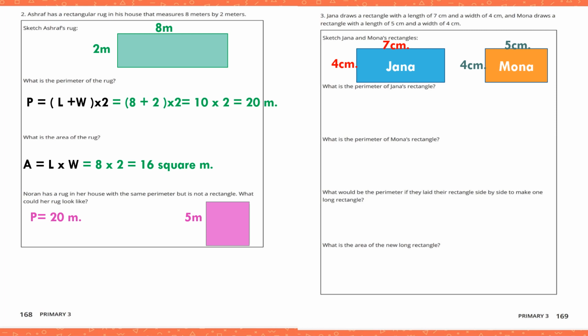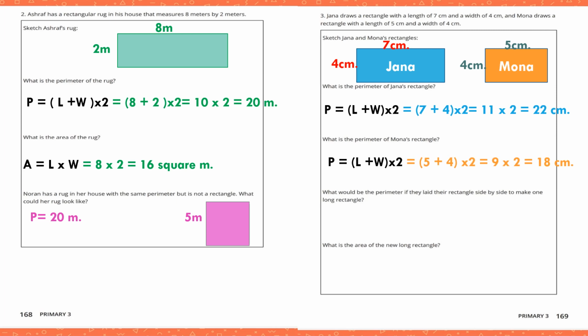The perimeter will be length plus width, all times 2. 7 plus 4, all times 2, equals 11 times 2 equals 22 centimeters. What is the perimeter of Mona's rectangle? Length plus width, all times 2, equals 5 plus 4, all times 2, equals 9 times 2 equals 18 centimeters.